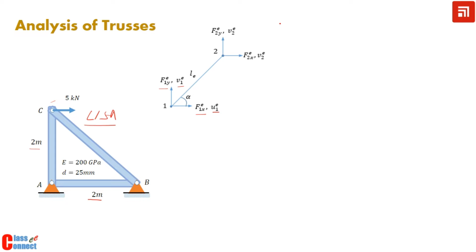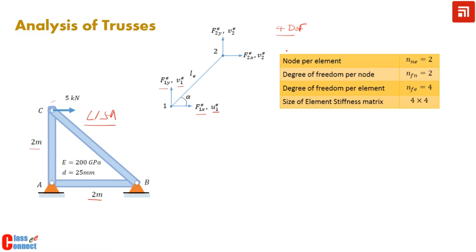So there are total 4 degrees of freedom for one element in truss. So we have discussed this. The node per element in truss is 2, degree of freedom per node is 2, degree of freedom per element is 4, and size of element stiffness matrix is 4 by 4.